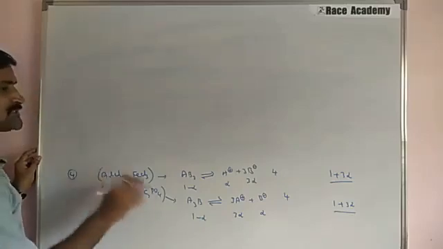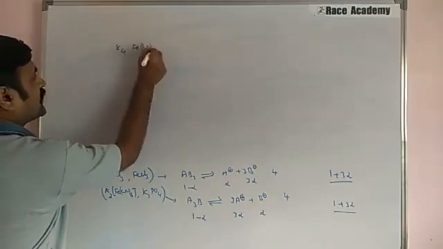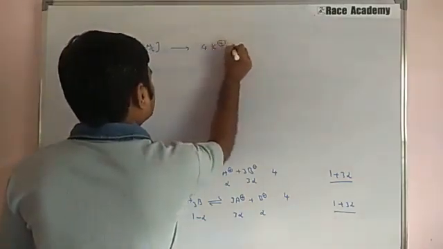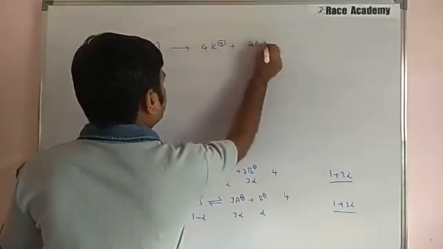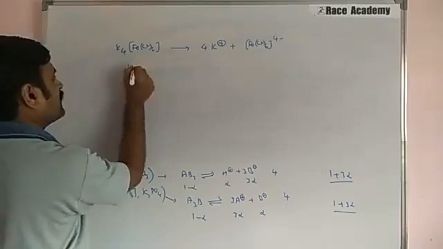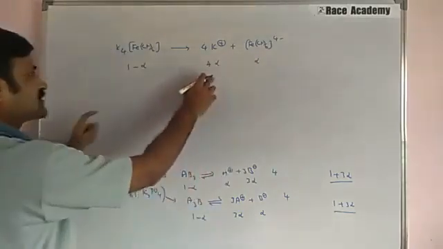Factor. So potassium ferrocyanide, very clear. What is K4Fe(CN)6? We have 4 K plus ions and 1 ferrocyanide ion coming, Fe(CN)6 4 minus. So if it is 1 minus alpha, it is 4 alpha, and alpha is coming.